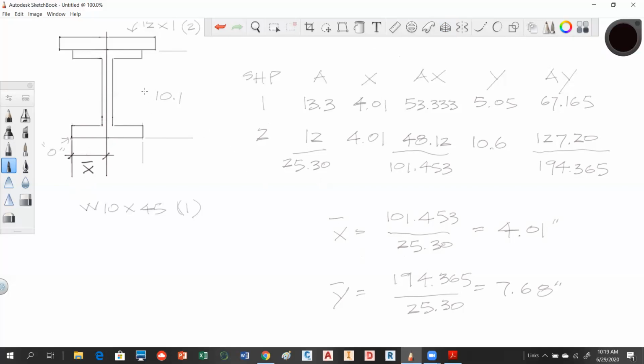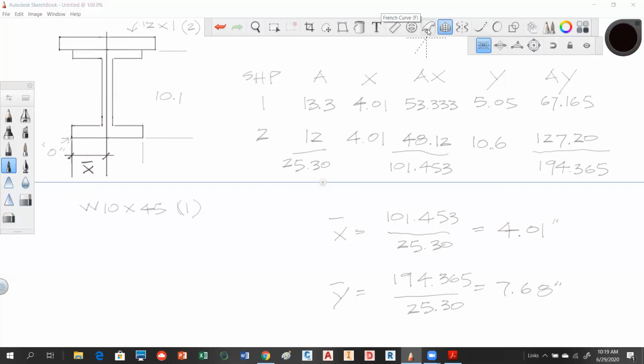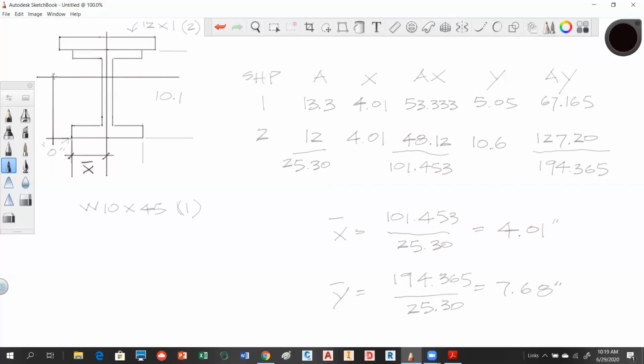Half of this is the 5.05, and because you have this plate up here, it's shifting the location of the centroidal axis. So that would put it coming up from the origin to here. So it's pushed it up, and that should also start to make sense with the way the centroids are working. So this is my y bar distance, and my centroid is somewhere about right there.